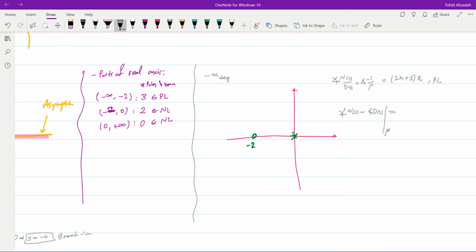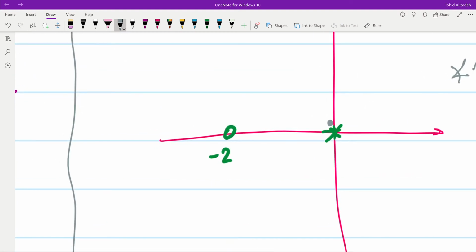And to find that, for n of s we have only a single 0. If I want to find out the angle contribution of that 0, this is the approach. We connect a line from that test point to the 0, and then we draw a horizontal line from the 0 towards plus infinity. And the angle that we get here will be the angle contribution from the 0. If the test point is pretty close to the origin, this angle will be 0 degrees.